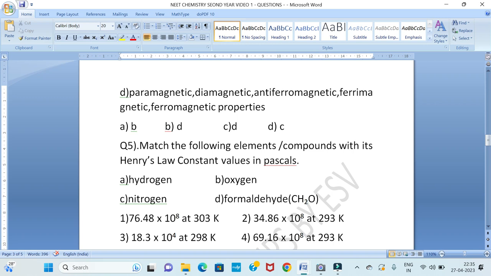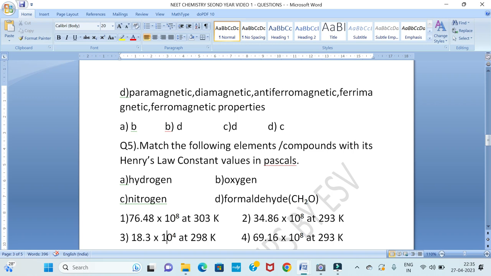So what is the 1 bar value? 1 bar is equal to 10 to the power of 5 pascals. 1 kilobar is 10 to the power of 3 times that, so 10 to the power of 5 into 10 to the power of 3 is 10 to the power of 8 pascals.